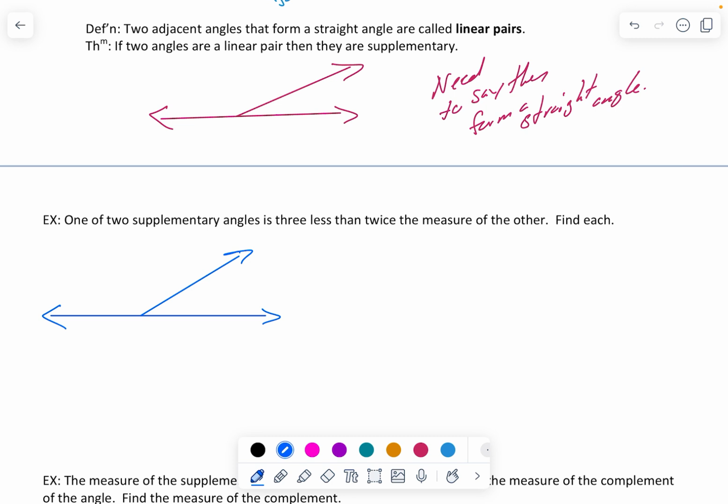So one of the angles is 3 less than twice the measure of the other. So I'm going to call one angle x, and this one is going to be 3 less than twice the measure of the other. Highly suggest you draw the picture just like I am, because then you write in those descriptions and we can see what we need to do. The sum of these two angles now equals 180.